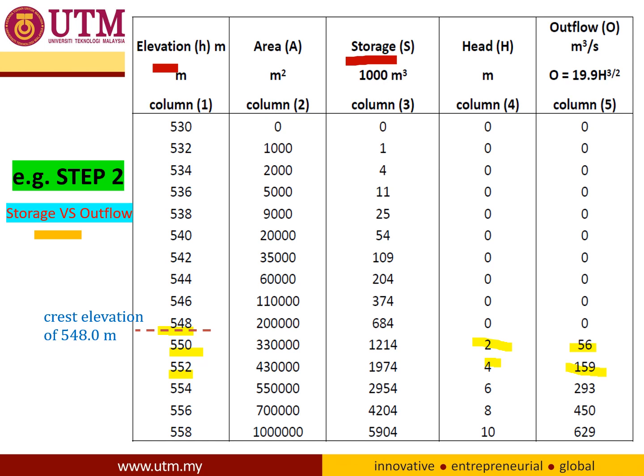Okay, so how do you combine step 1 and step 2 here? Because you want to get the storage versus outflow. So now if you put everything in the same table, you will get the relationship between storage and outflow.